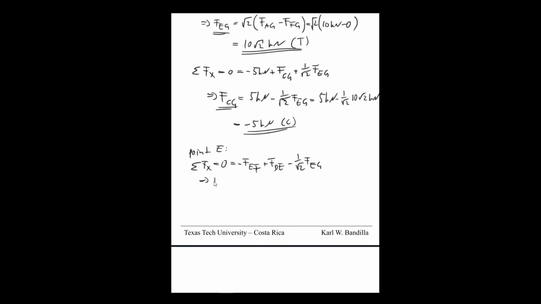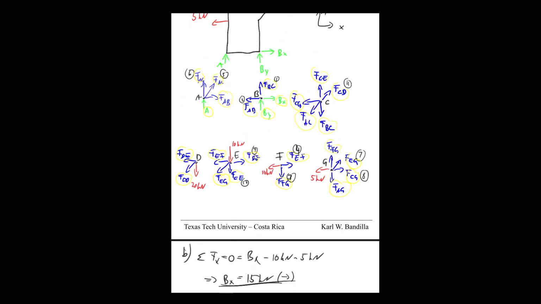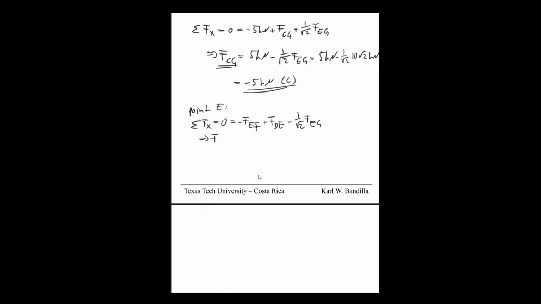That means what we're looking for was FDE, right? That's the one that we're looking for. FDE, yes. FDE is then equal to, we need to flip both of those signs, FEF plus 1 over the square root of 2 FEG. Let's see, where's FEF?